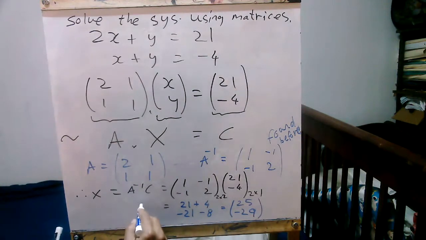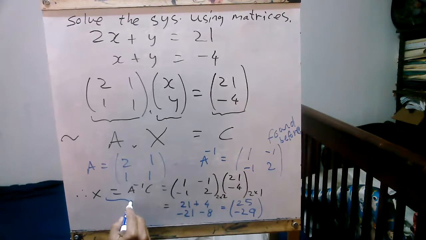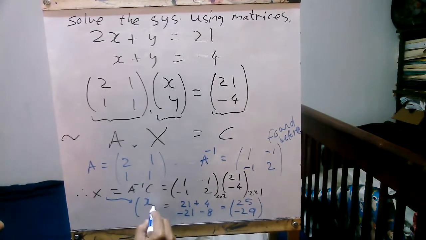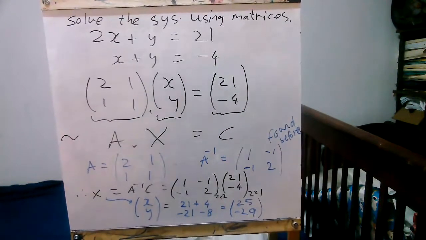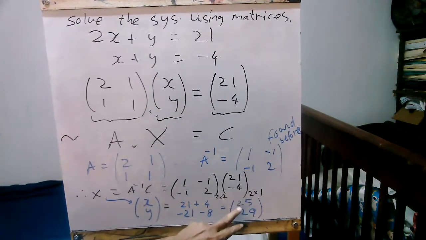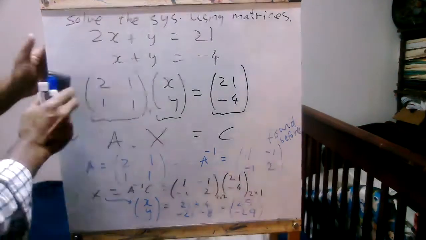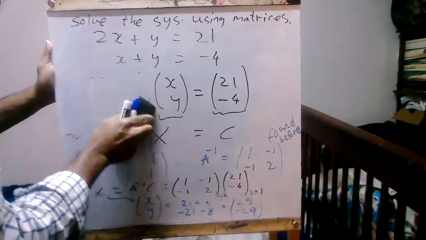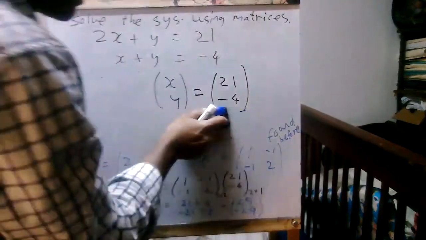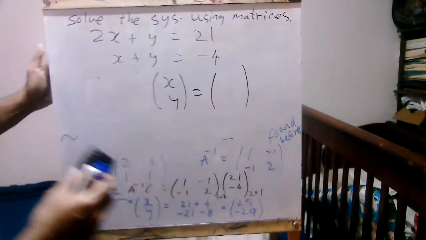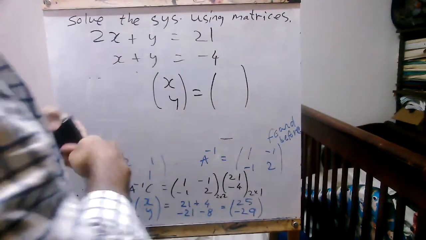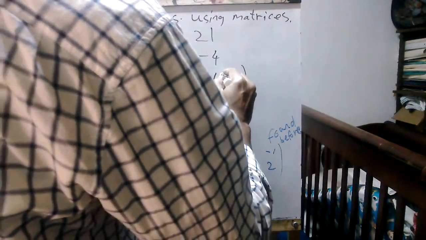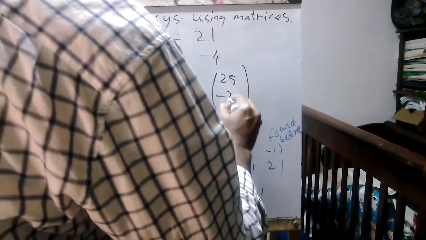Right? So this is xy. Now xy equal to 25, negative 29.